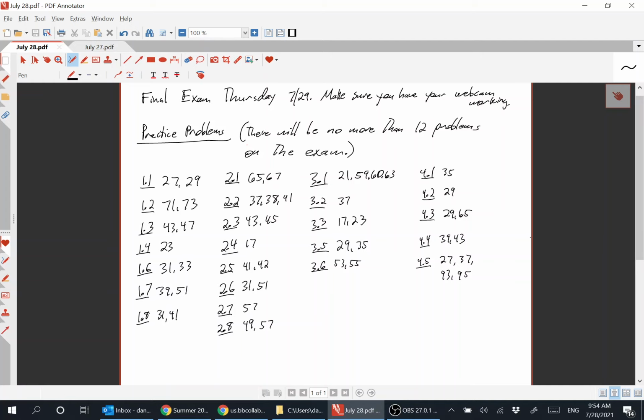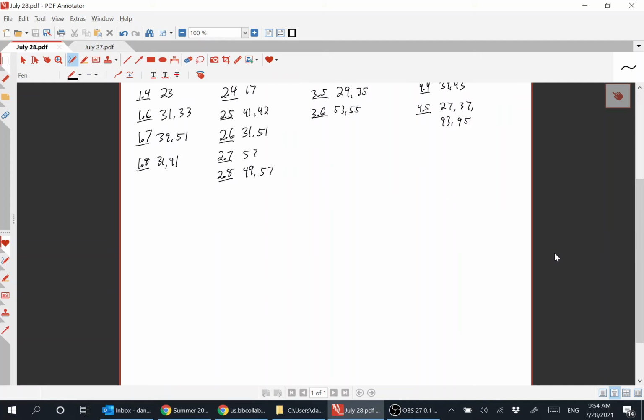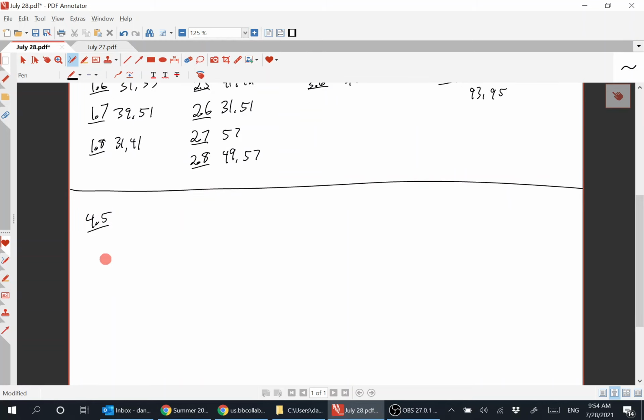Okay, so 4.5, 27, 37, 93, 95. So 27, so here's 28. So the thing to remember about logs: log of A times B is log of A plus log of B for any base.